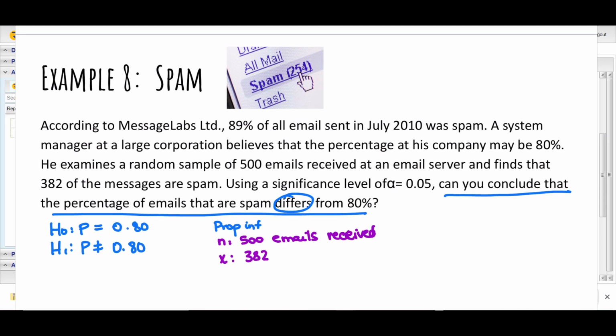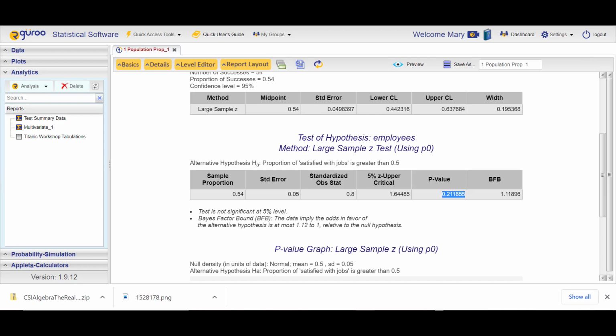That's 382 were successes, and they were messages that were spam. And significance level is 0.05. And I think we're good again. So let's go back here.